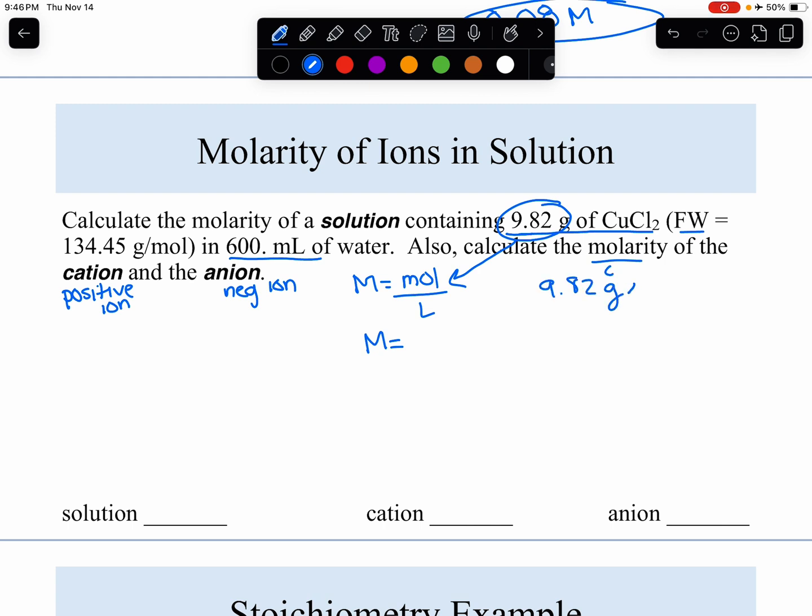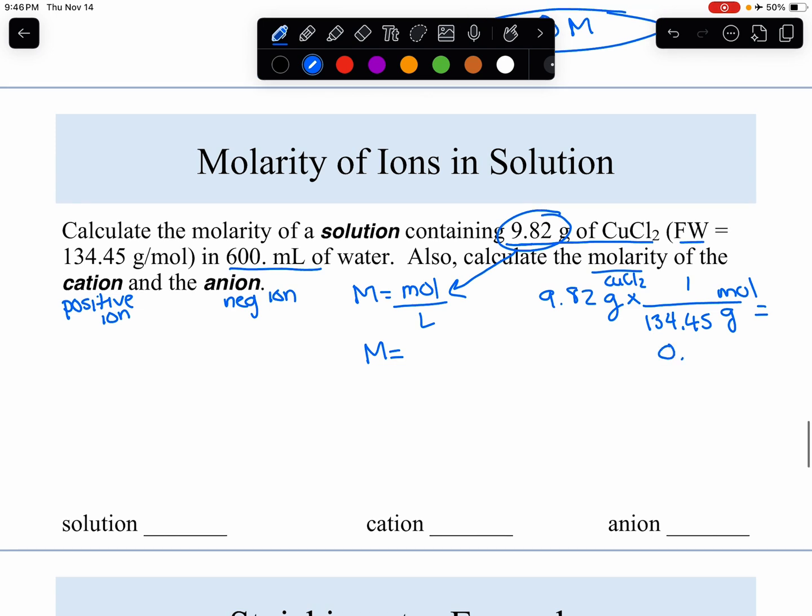9.82 grams of CuCl2, grams to moles. Use my provided molar mass, which is nice. I'm going to take 9.82 divided by 134, and I get 0.0730 moles of CuCl2. So that's going to go on the top here, 0.0730 moles.